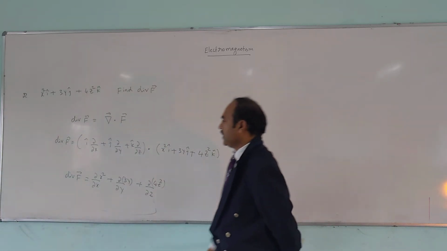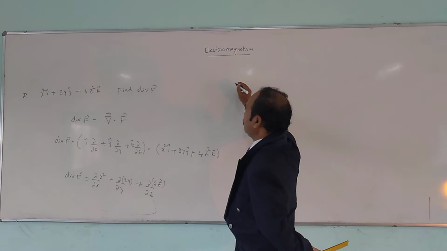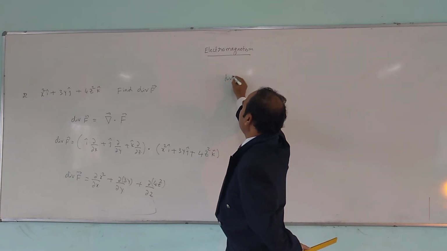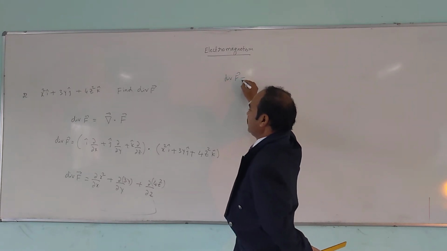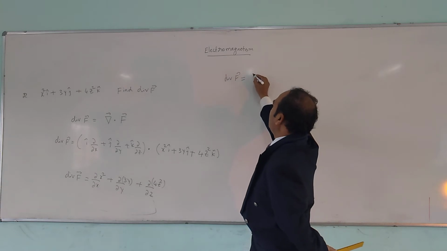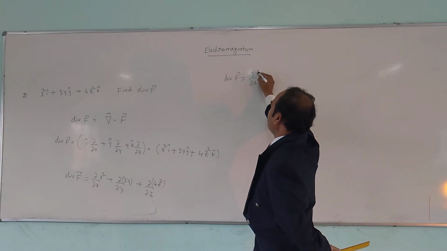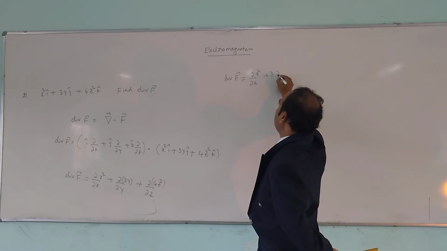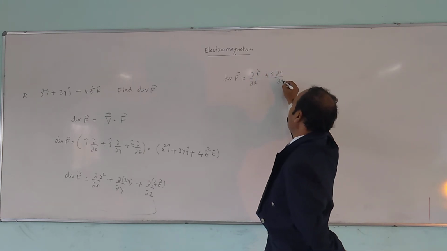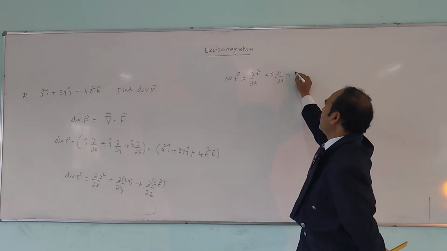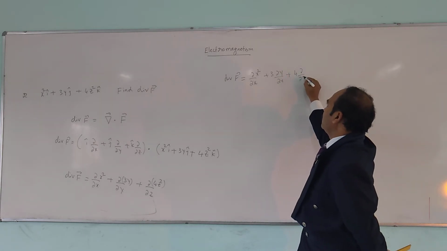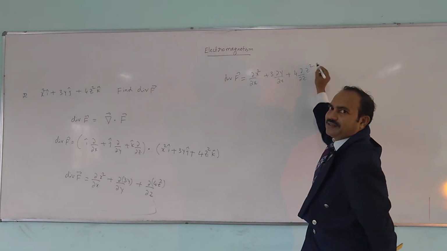Constants can be taken outside the differentiation. So divergence of f is equal to dou by dou x of x square plus 3 into dou y by dou y plus 4 into dou by dou z of z square.